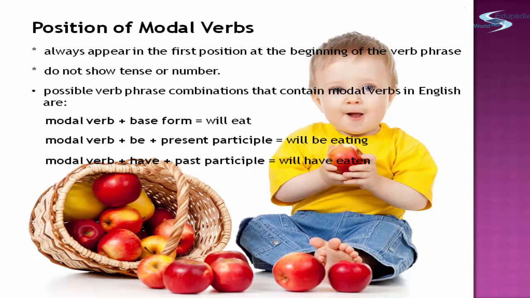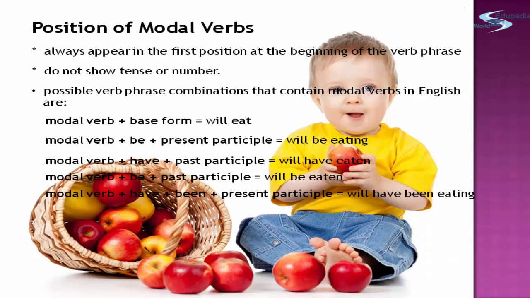The third combination is modal verb plus have plus past participle, an example of which is will have eaten. The fourth is modal verb plus be plus past participle, an example of which is will be eaten.